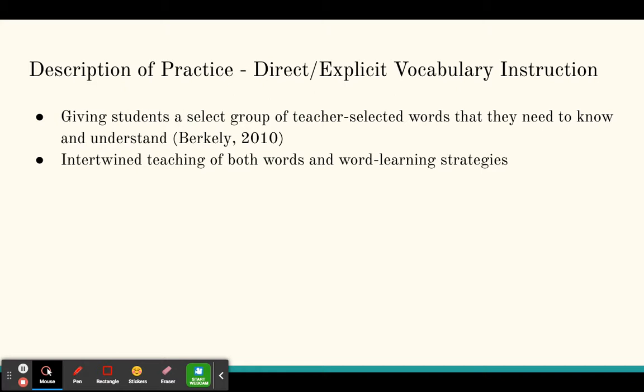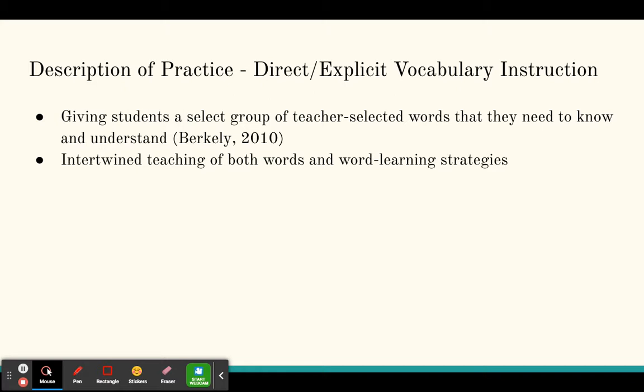So giving students that exact word, but then also giving them strategies such as how do we break down this word by the root, or how do we use our context clues in order to make meaning of this word. So direct and explicit vocabulary instruction is that umbrella term that represents both of those things.